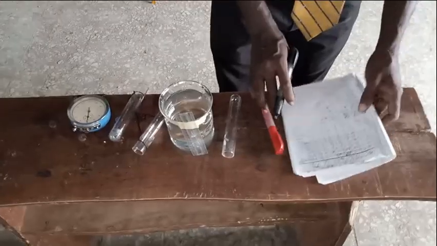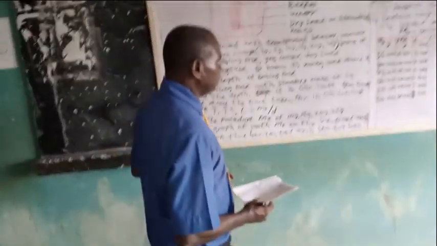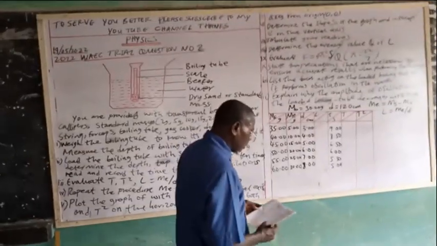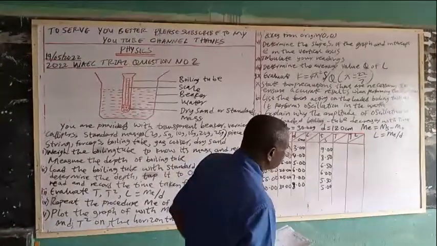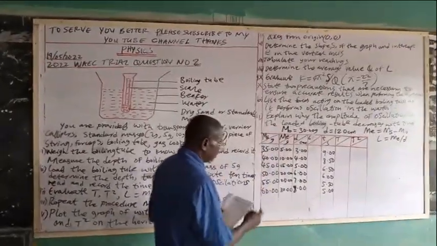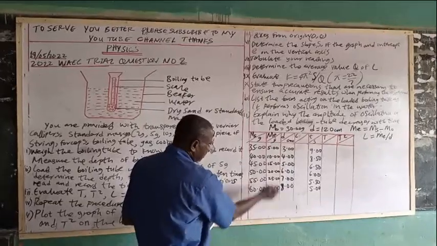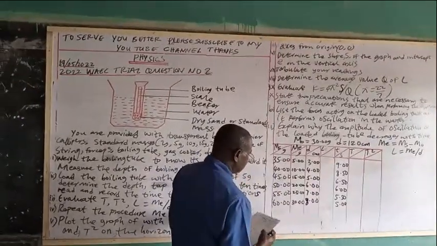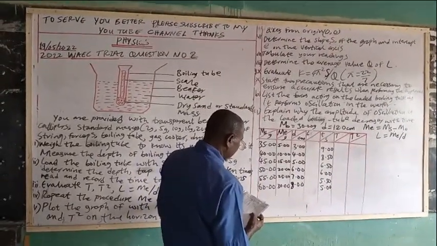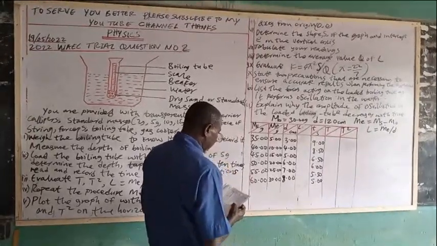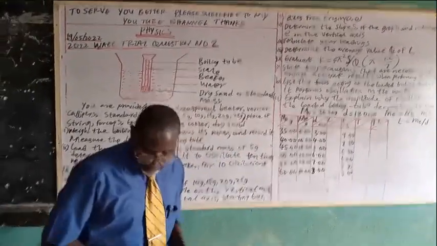Now we want to determine the L. L is equal to ME over G. This column for ME, this column for D. 5 divided by 3.